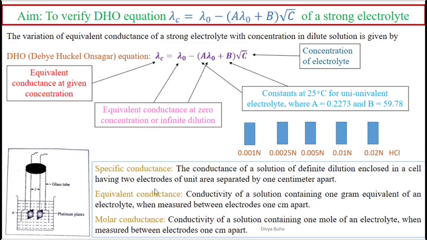When you measure the conductance of a solution of definite dilution enclosed in a cell having two electrodes 1 centimeter apart with a cross sectional area of 1 centimeter square, the conductance measured is referred to as the specific conductance, right?